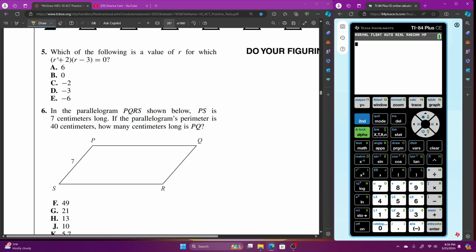So out of these choices here, when you say -2 plus 2 times -2 minus 3, that is going to be equal to 0 because what's -2 plus 2? You can check on the calculator. -2 plus 2 times -2 minus 3, enter. It is equal to 0.